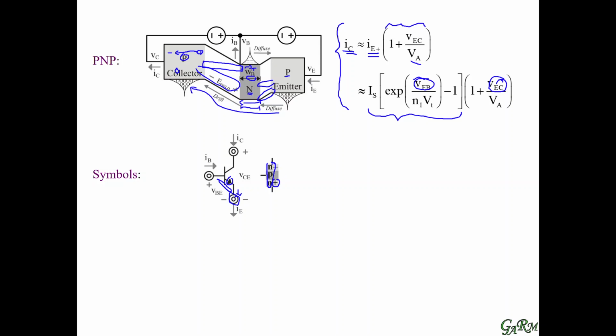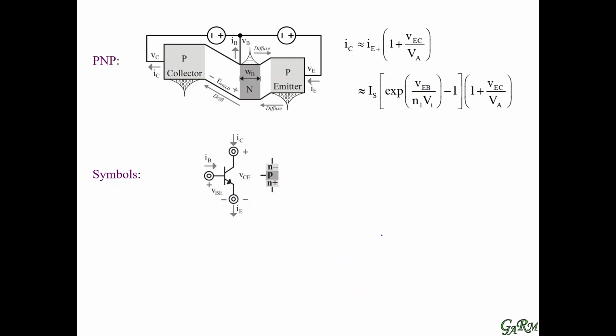The lightly doped N region is a collector region on the other side. So we have a positive base emitter voltage and a positive collector emitter voltage. We have collector current flowing into the collector and out of the emitter. So we remove markers here, and then we can look at the PNP.